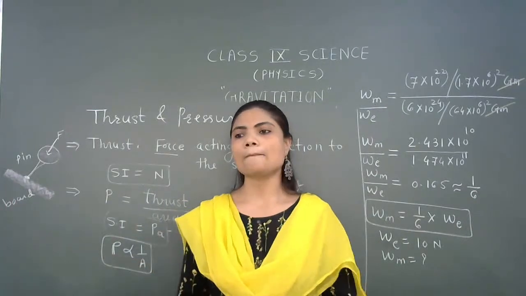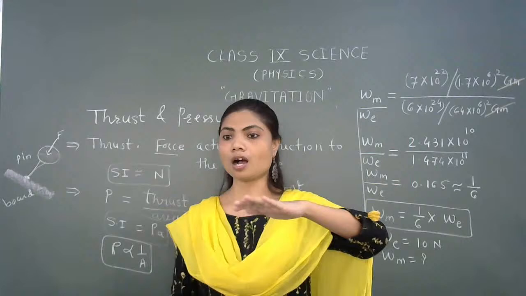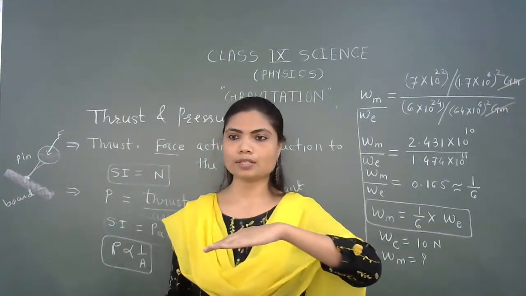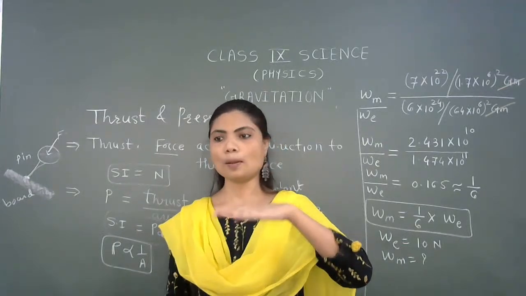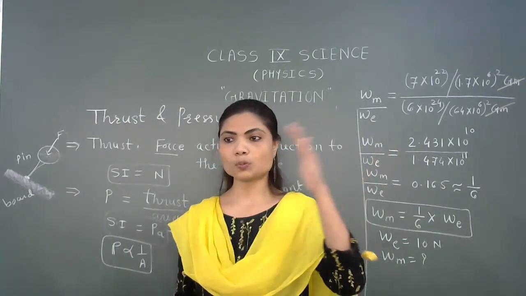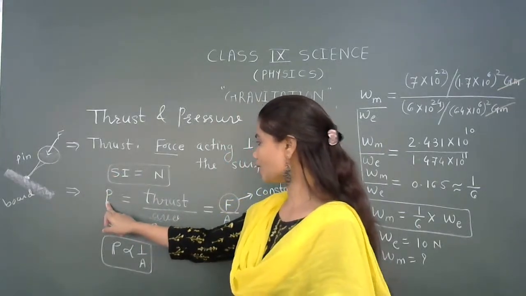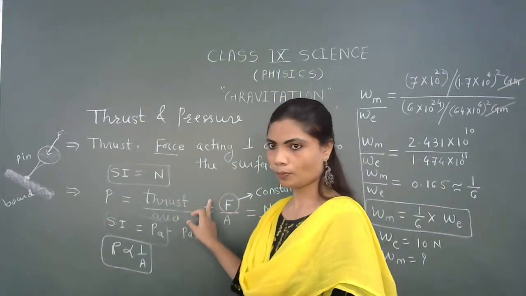Of course, when water falls from the dam, it has a higher force perpendicular to the surface in contact, creating a higher pressure, right? Pressure is directly proportional to thrust, that is, to force.